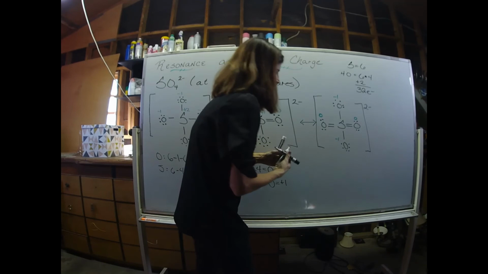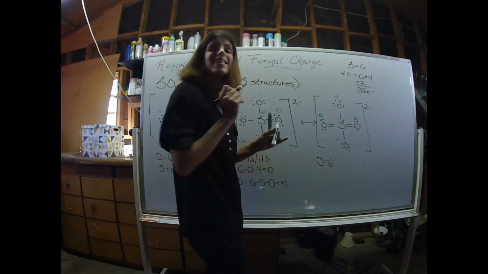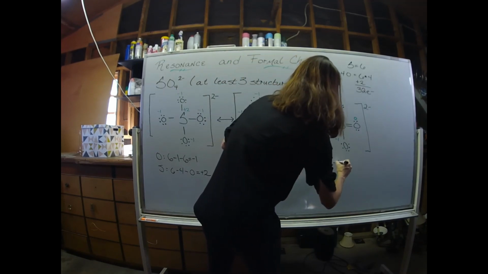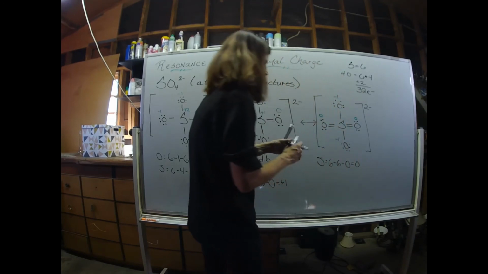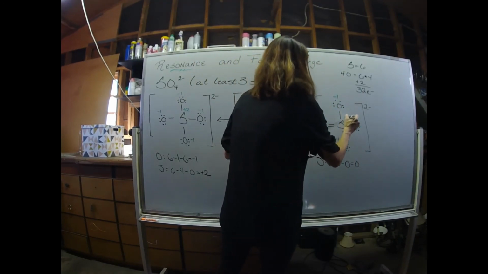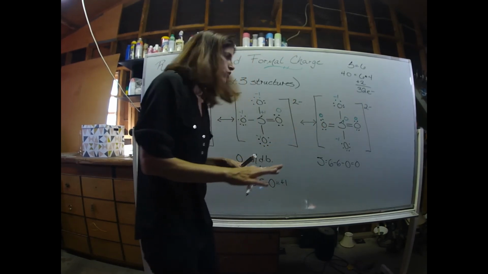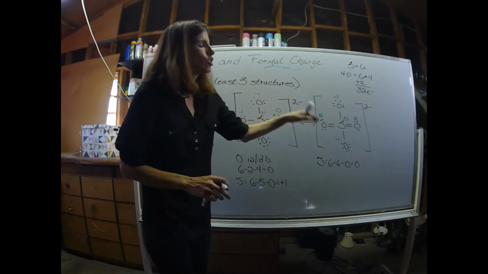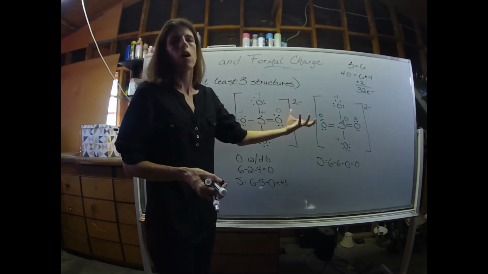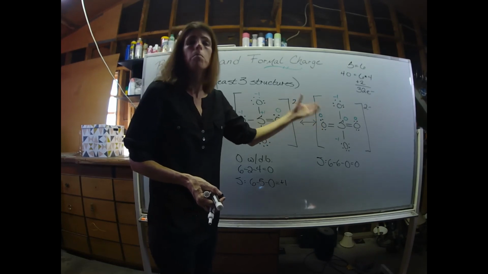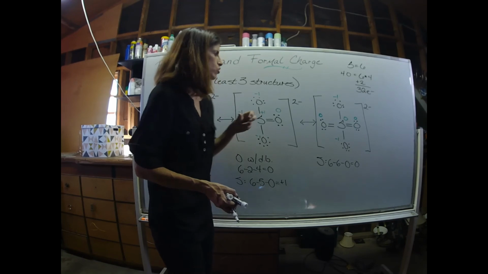Sulfur now is in group 6, and it has 6 lines around it and 0 dots. So sulfur now has a formal charge of 0. -1, -1 adds up to -2, but this structure is the best structure thus far. So this is going to be our winner here in terms of the most likely structure, because it does the best job at minimizing formal charge.